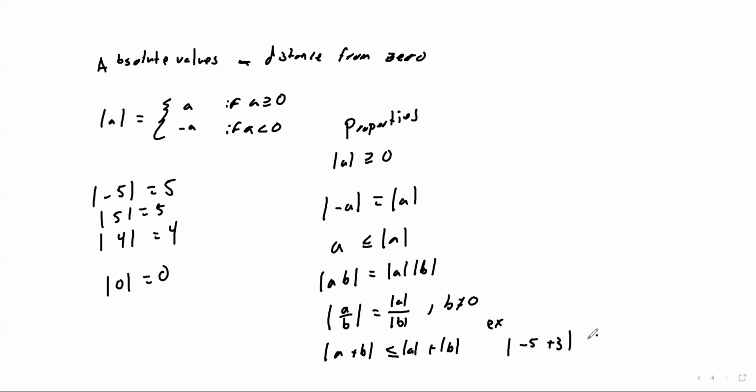The absolute value of -5 plus 3: -5 plus 3 is -2, and the absolute value of -2 is 2. On this side, the absolute value of -5 is 5 and the absolute value of 3 is 3, so 5 plus 3 gives you 8. So 2 has to be less than or equal to 8.